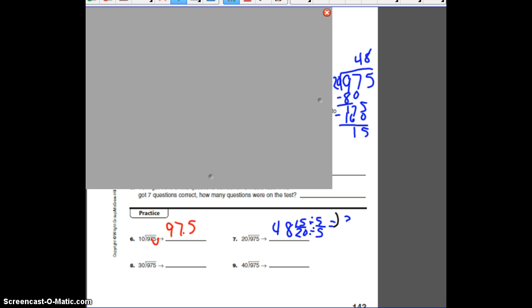And you would get 3/4. So you can write it as 48 and 15/20ths, or 48 and 3/4, or some of you are probably going to write it as 48 remainder 15, and that would work too. I'm going to leave it remainder 15 for now. But I'm glad some of you are remembering how to do those other strategies.